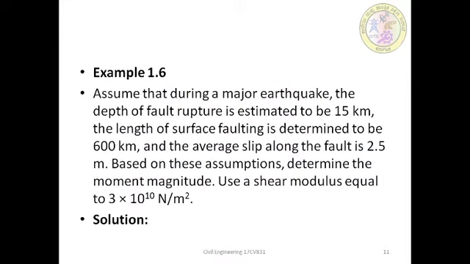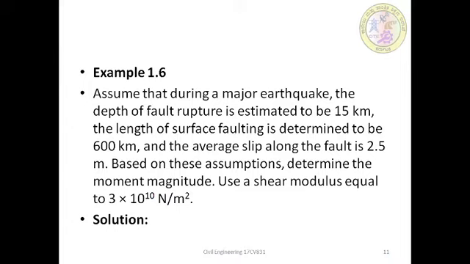Now let us take the other type of example. Here it is assumed that during a major earthquake the depth of fault rupture is estimated to be 15 kilometer. The length of surface faulting is determined to be 600 kilometer, and the average slip along the fault is 2.5 meter. Based on these assumptions, determine the moment magnitude.